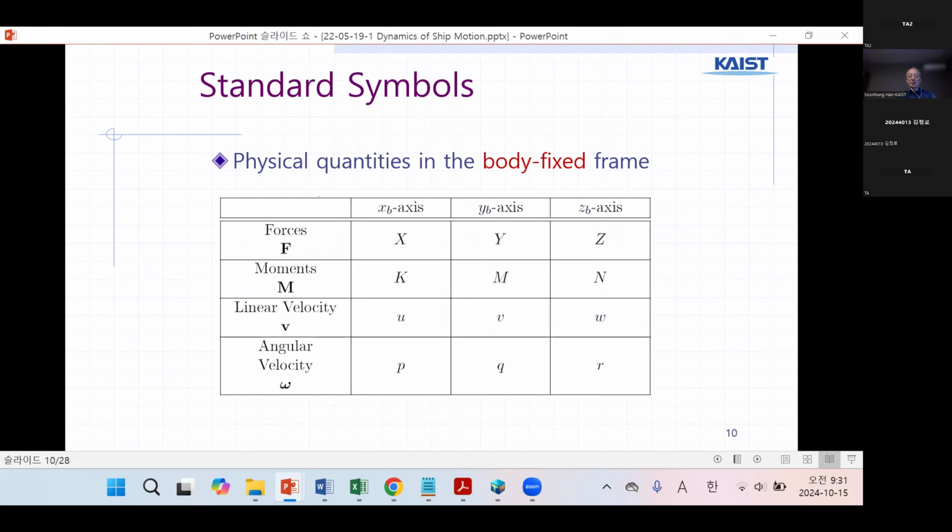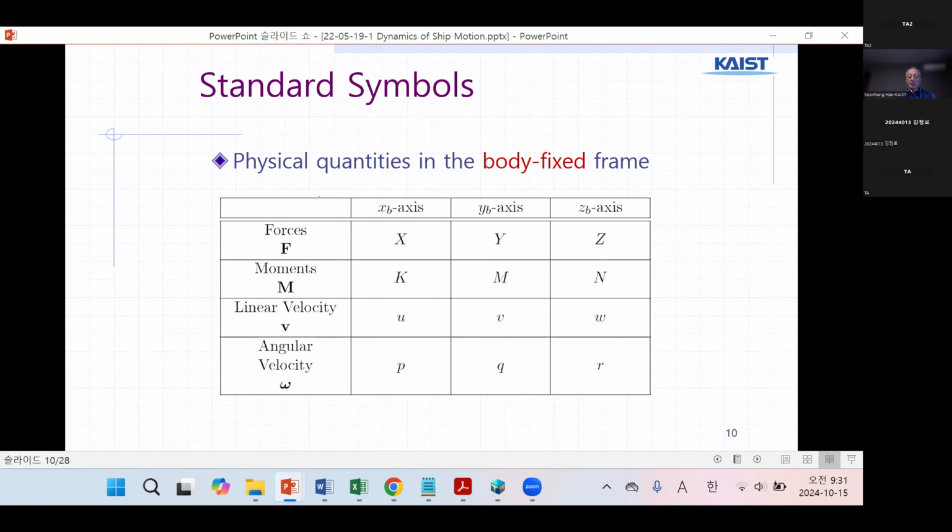You can use different symbols, but the standard symbols are here. Also for the coordinate, you may fix the coordinate on the world coordinate system or a body-fixed coordinate system. But in ship motion, and also airplane, they usually fix the coordinate system on the body of the ship. So it may create differences compared to the world coordinate system.